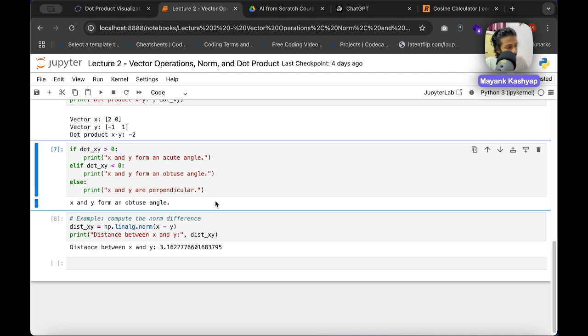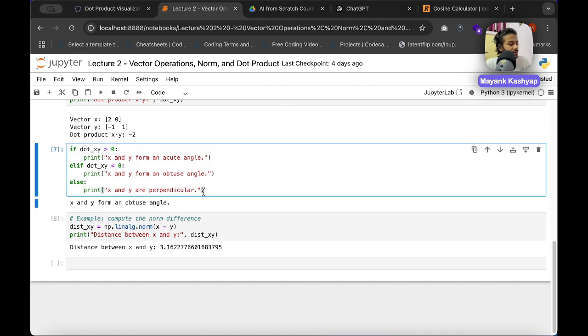If the dot product comes out to be greater than 0, we'll get that x and y form an acute angle and they are similar. If they form an obtuse angle, then they are not similar, and you can say they are going in opposite direction. And if they are perpendicular, I would say they are unrelated, as in not even opposite, not even similar. So like that. Although this part is not really relating to the similarity, I would say.